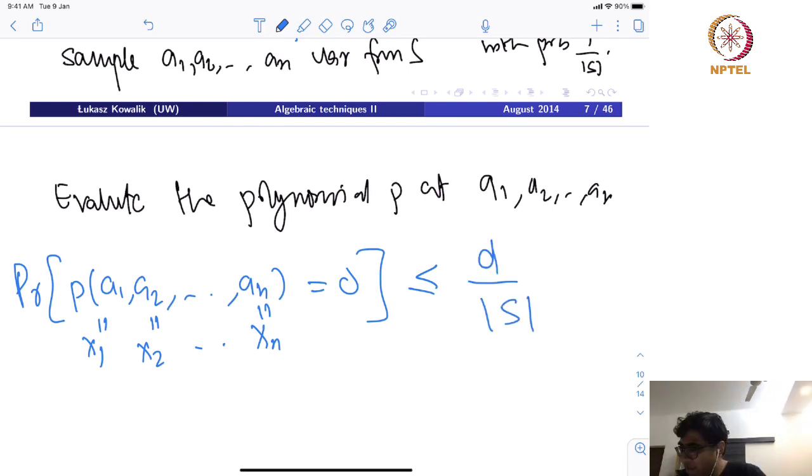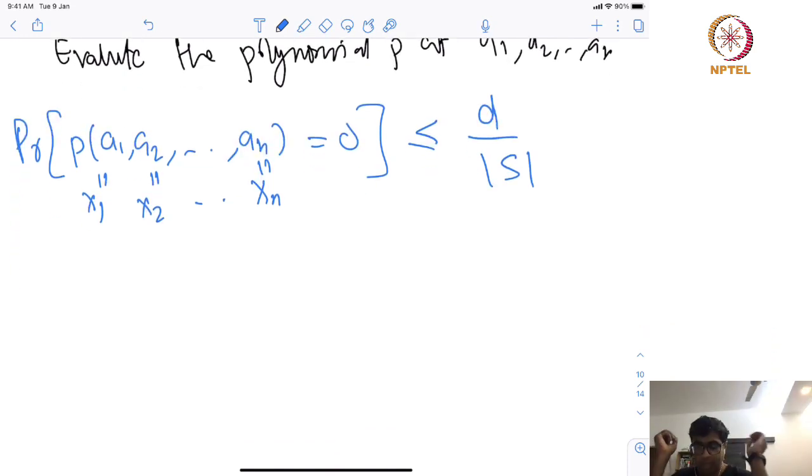So, if the polynomial has small degree, then what it says to you is that look, I have a polynomial, it might be a very big polynomial or something. But suppose I can evaluate at a random selection of points, then the probability that it is, so look what happens, it could be that the polynomial already was 0, then of course it will evaluate to 0.